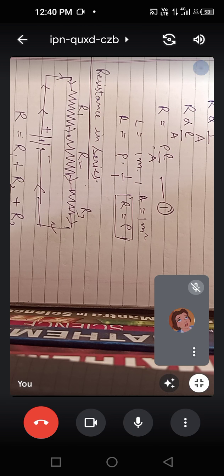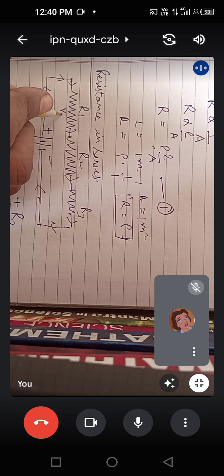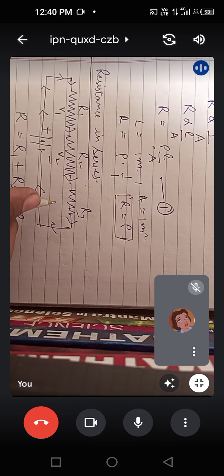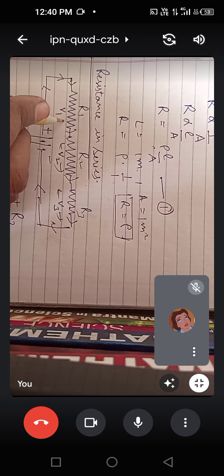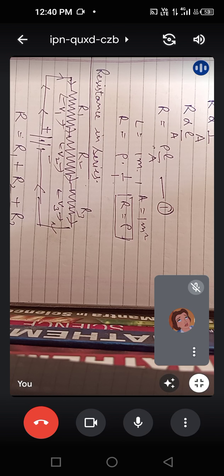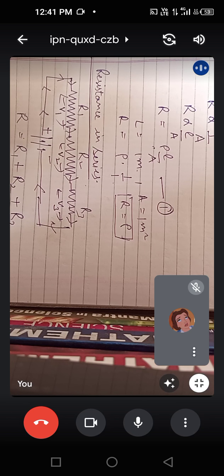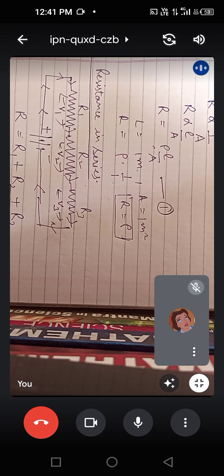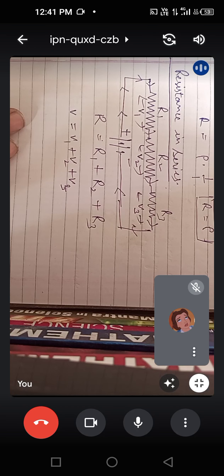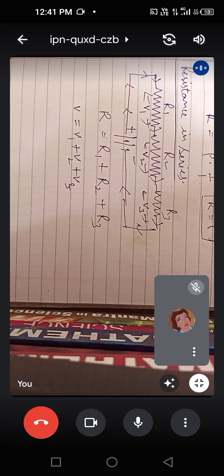Write down: let the potential across R1 be V1, across R2 be V2, and across R3 be V3. Therefore, the potential V is equal to V1 plus V2 plus V3.